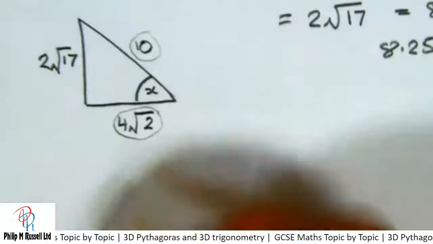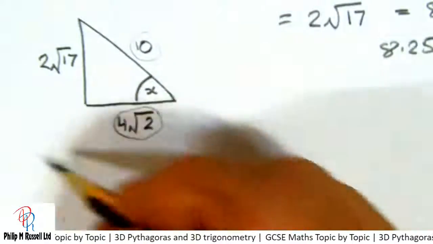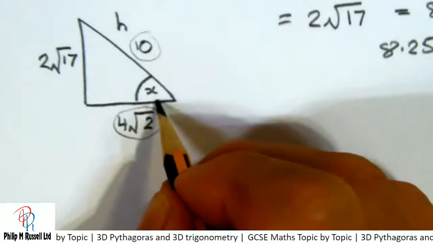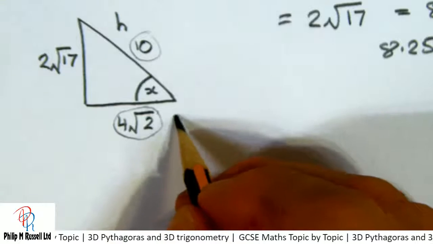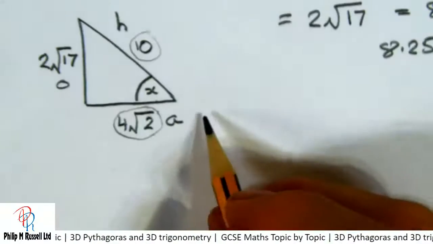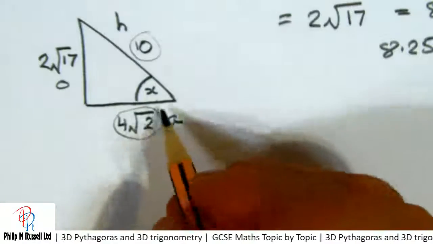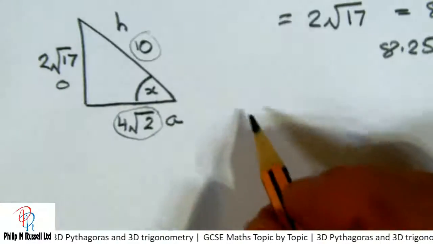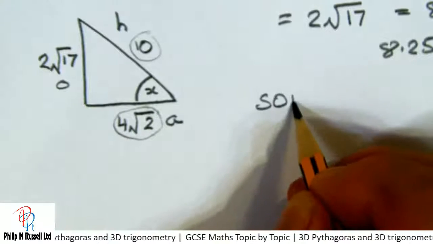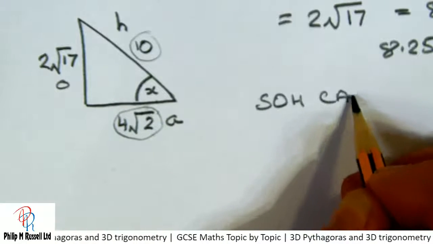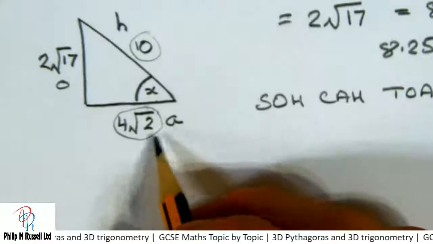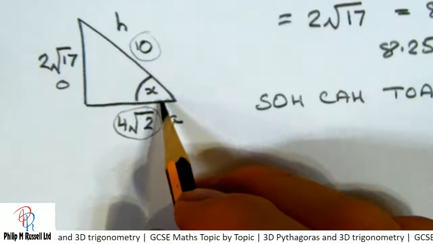So if we label our triangle, this is the hypotenuse. This one is next to this one. This is the adjacent, and there's my opposite. So we know from trigonometry that I've got the SOHCAHTOA. I'm working to find out an angle.